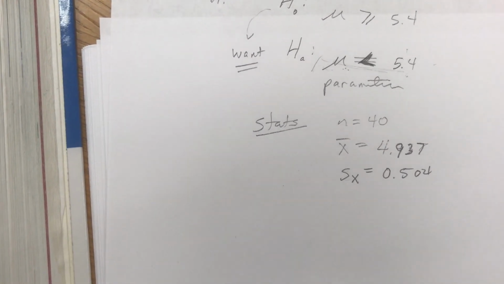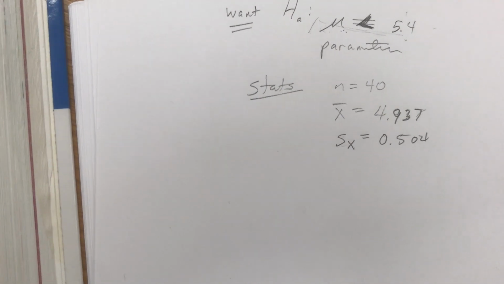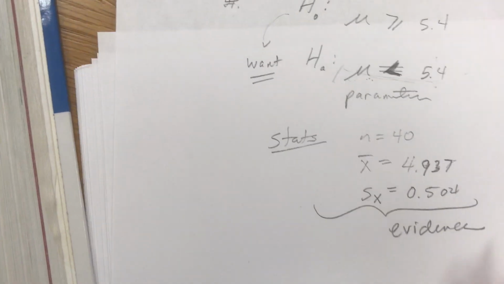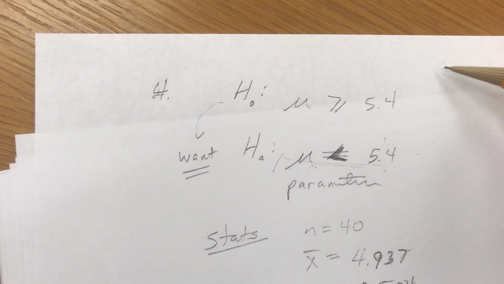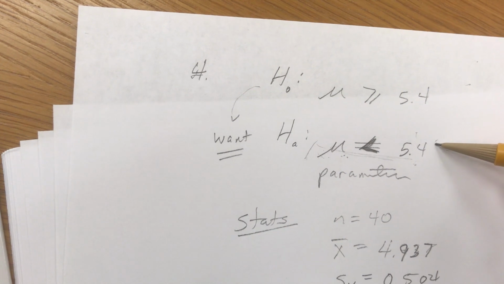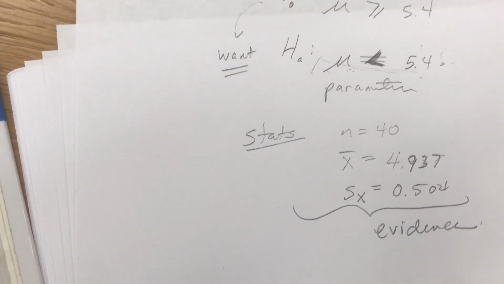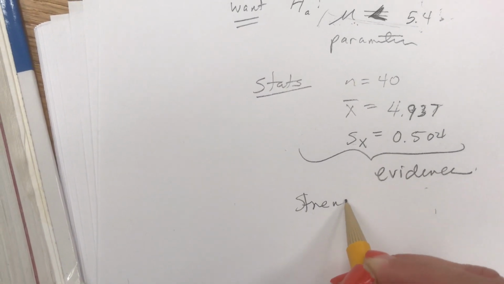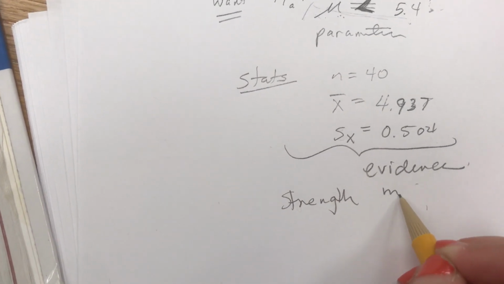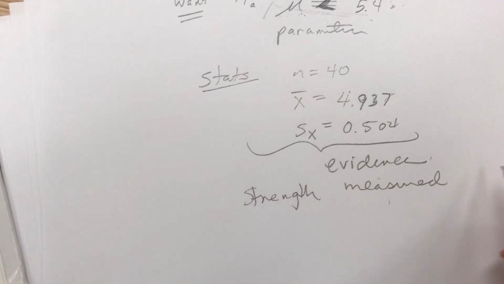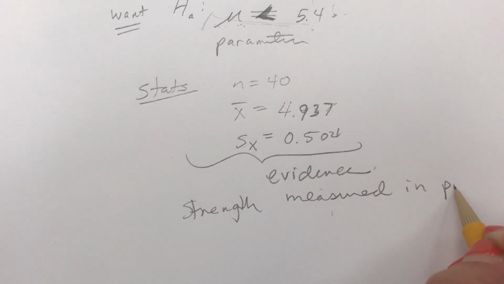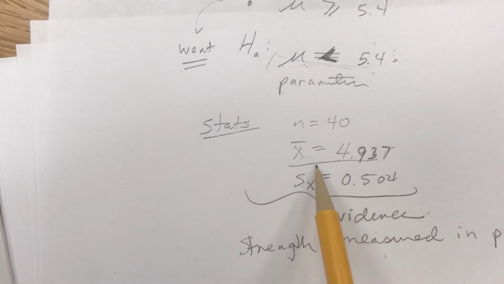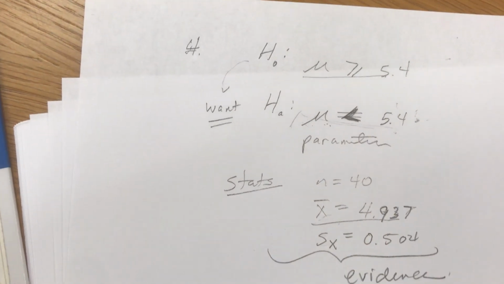That's my evidence, and I want to measure the strength of my evidence. This is the evidence, hopefully against the null hypothesis, so I can reject the null hypothesis in support of the alternative, what I want. The strength of my evidence is measured in probability. How likely was I to get these values, these test statistics, if we assume the null hypothesis is true?